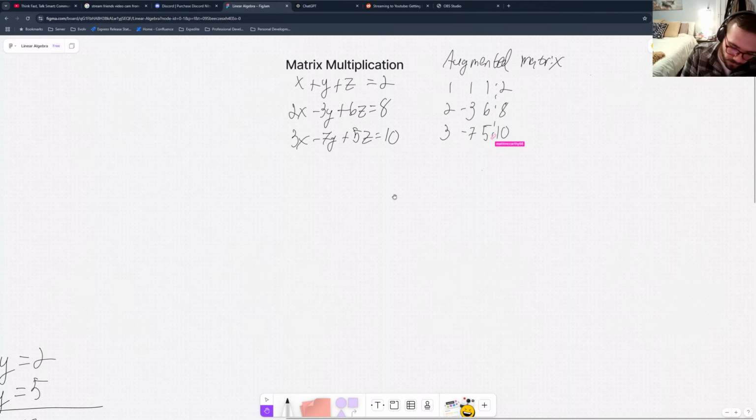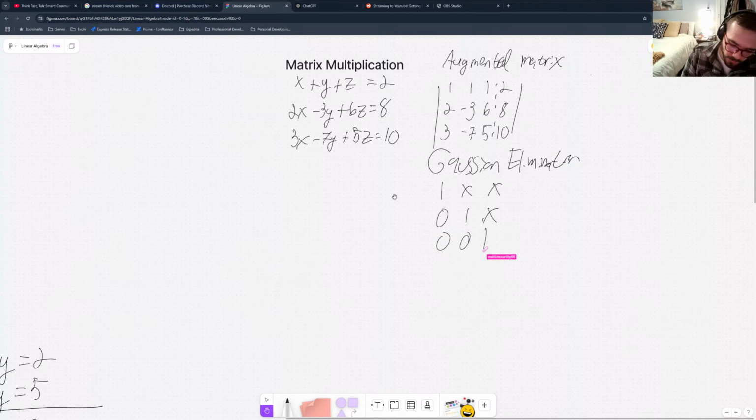And we used Gaussian elimination to get it in this staircase-like form, right?